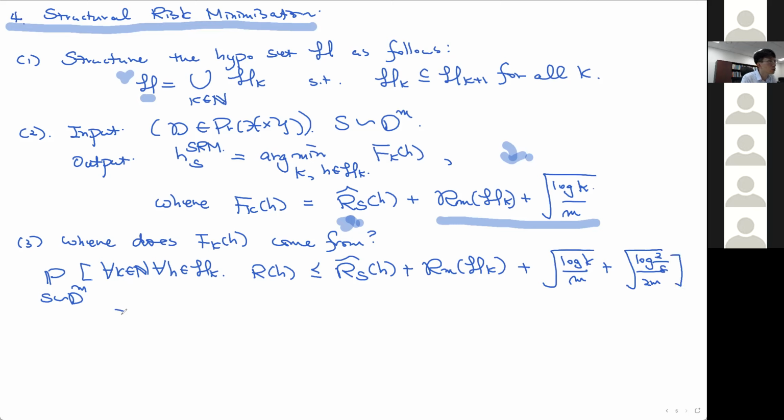And that holds with high probability. So compared to the usual Rademacher complexity bound, there are these extra terms, and there is a 2 instead of 1 here. That is because of this other universal quantification over all K here. So if you do all the universal quantifications in the negated form, that's taken care of essentially by the union bound, and these extra terms are really coming from this union bound.